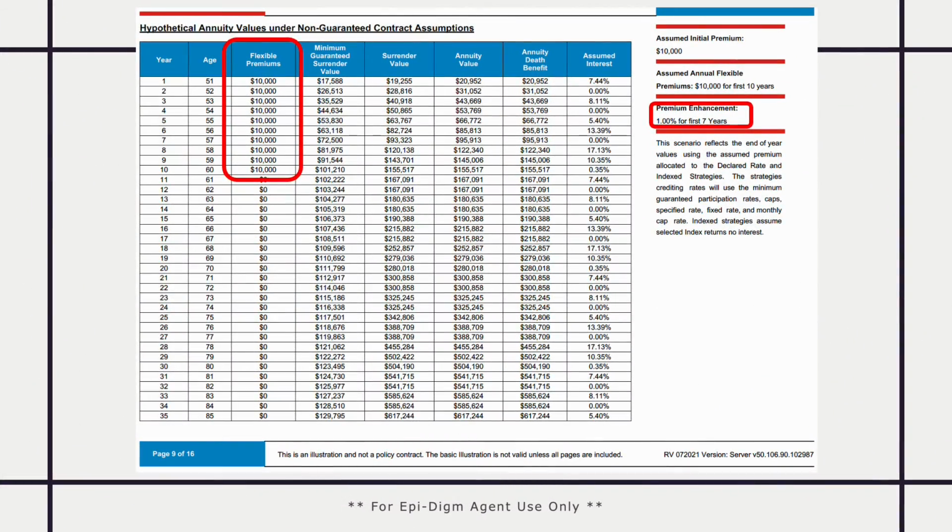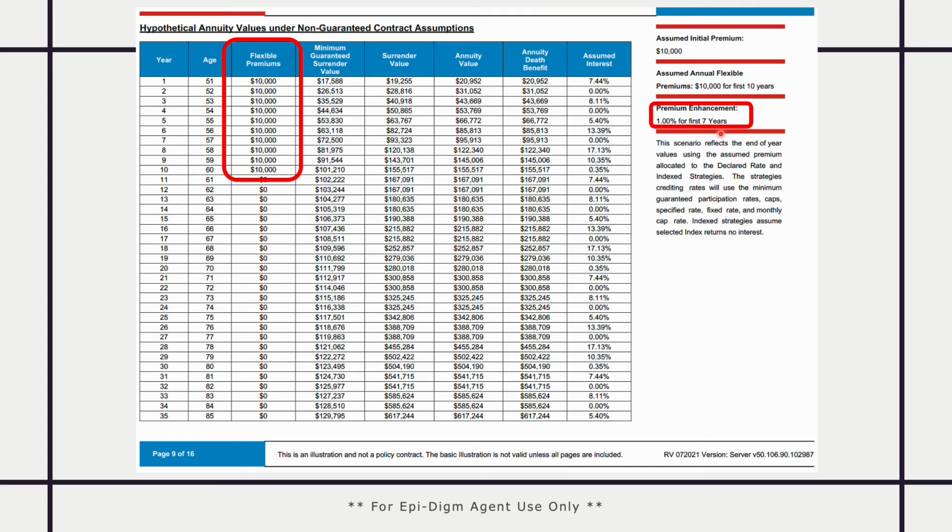The next one that I'm looking at is flexible premium. This flexible premium product actually lets you put money in. And most likely, flexible premium products normally have an interest rate that is not that impressive, right? But this one has a very competitive interest.